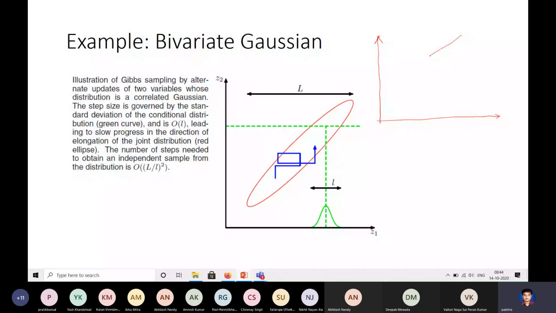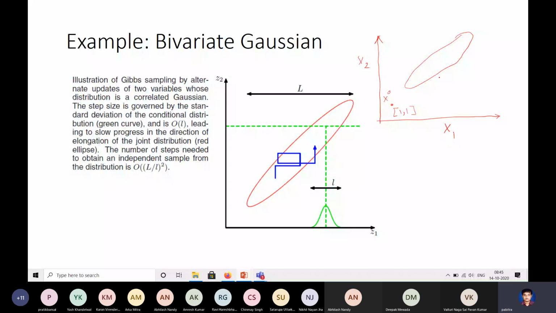I'm drawing the equal probability contours. This is my X1, this is my X2. Let's say I have started with the initial condition, say 1, 1. This is my 0th, so let me call it X0. I've started from here.